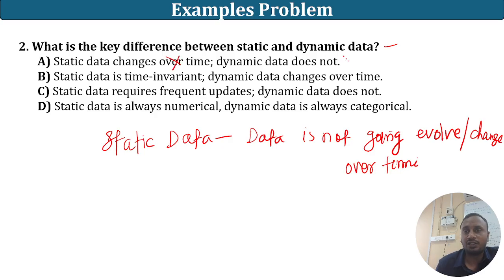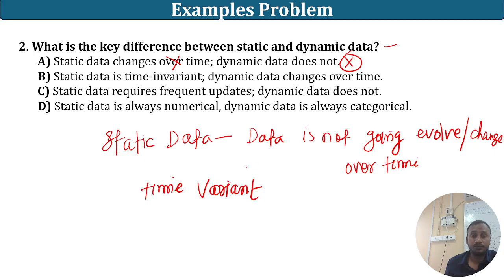Dynamic data does not, so it's just the opposite. Static data is time invariant. Dynamic data changes over time. Time variant means it's going to change over time.